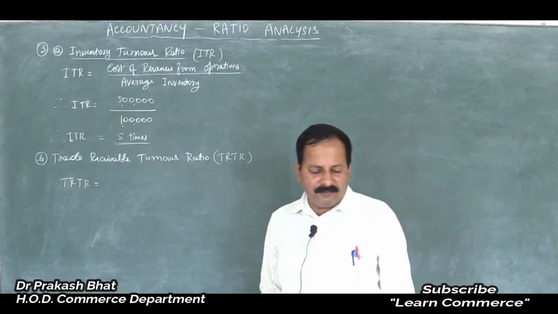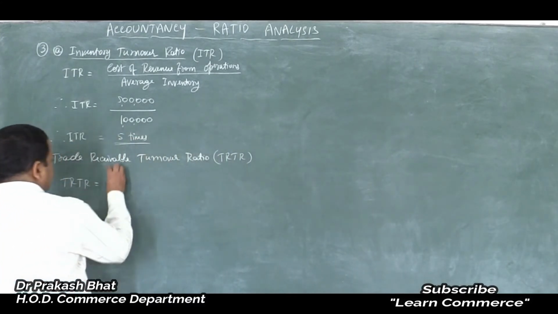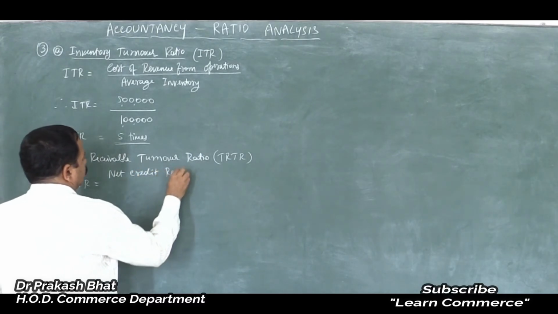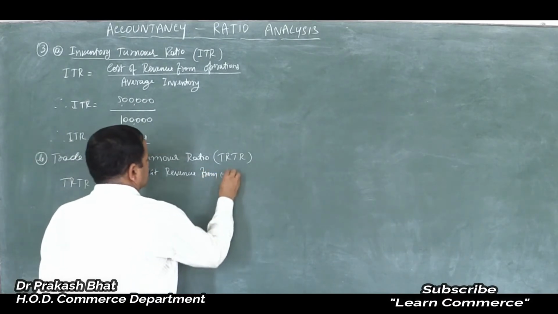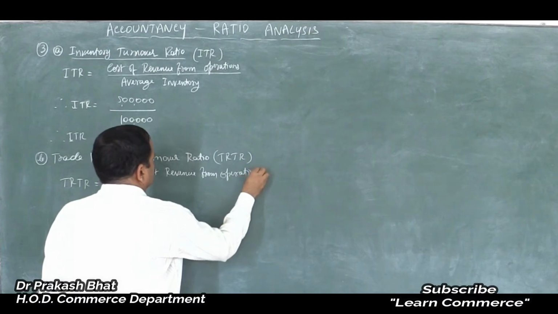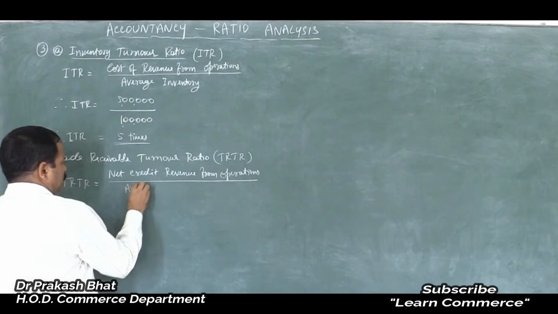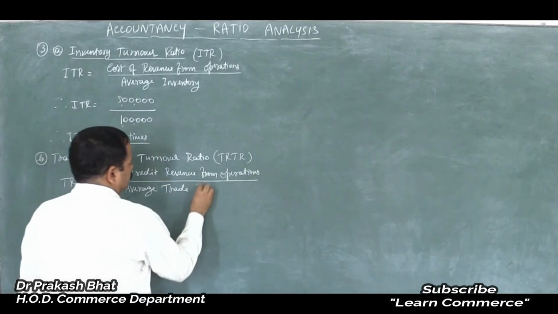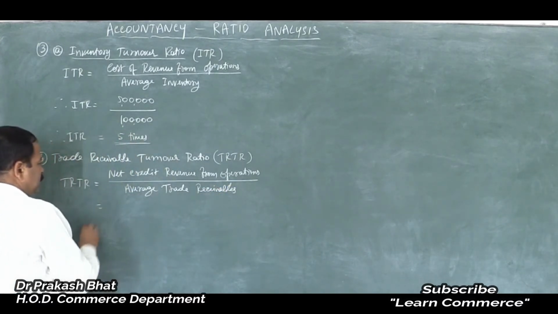Net credit revenue from operation divided by average trade receivables. Average trade receivables, right? Yes.